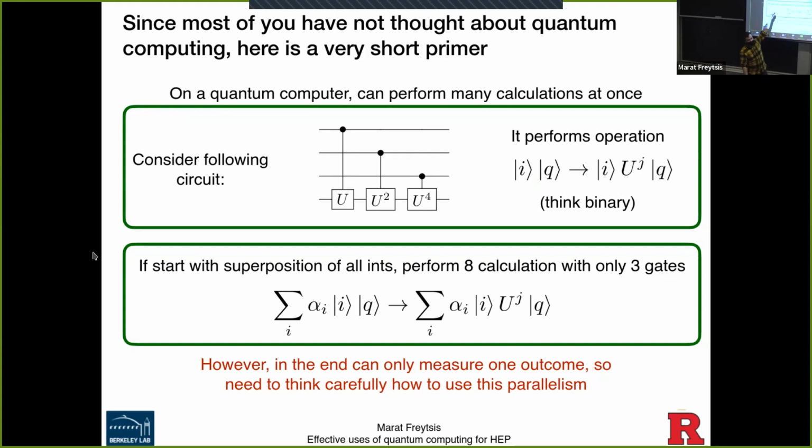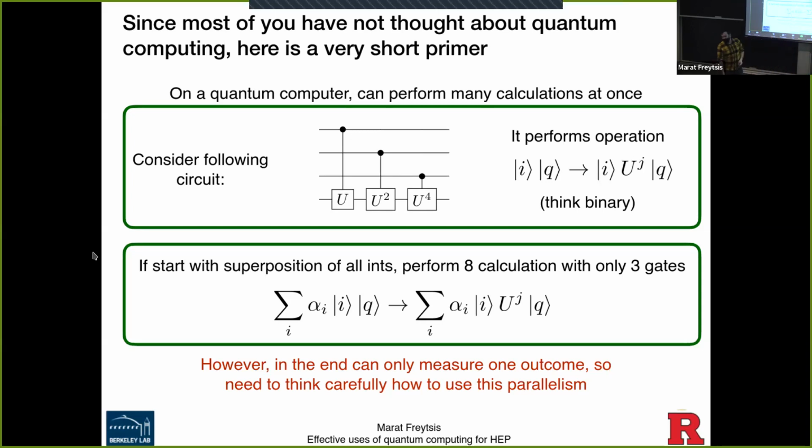If the first qubit is a 1, then I apply this unitary U. If the second qubit is a 1, then I apply U squared. Third one, I apply U to the 4th. And if you think about what that does, it takes any state with index j and then applies to my final qubit Q the unitary U to the jth power.